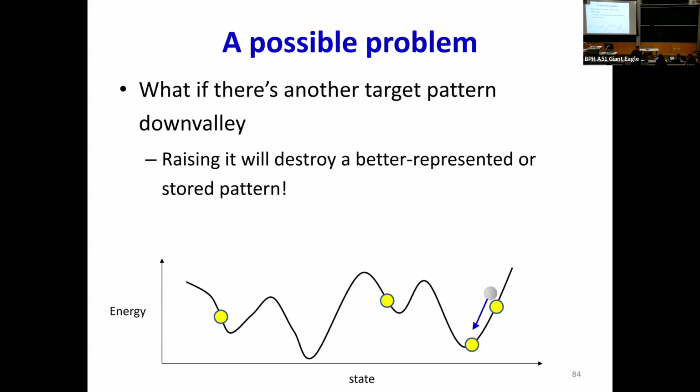Now, especially if you have a large number of patterns, you can't actually run a test and say, okay, I'm minimizing the energy here, am I somehow inadvertently pulling up the energy at a target pattern? You can't really say this. What you can do is this. You can decide what is the minimum gap between any two patterns that you're trying to store. These are just bit patterns, so you can have a gap, right?